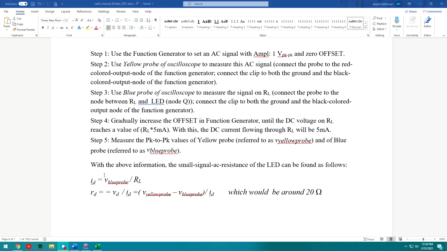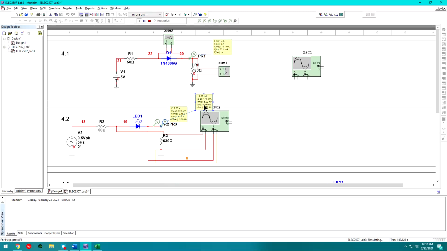So these last two steps, it wants us to do some calculations. But actually, there's an easier way to find that stuff now that we're using software. So go ahead and go back into the simulation. And we've already placed this current probe, right? And what are we looking for? We're actually looking for the peak-to-peak current. And in this case, that value is actually our ID value.